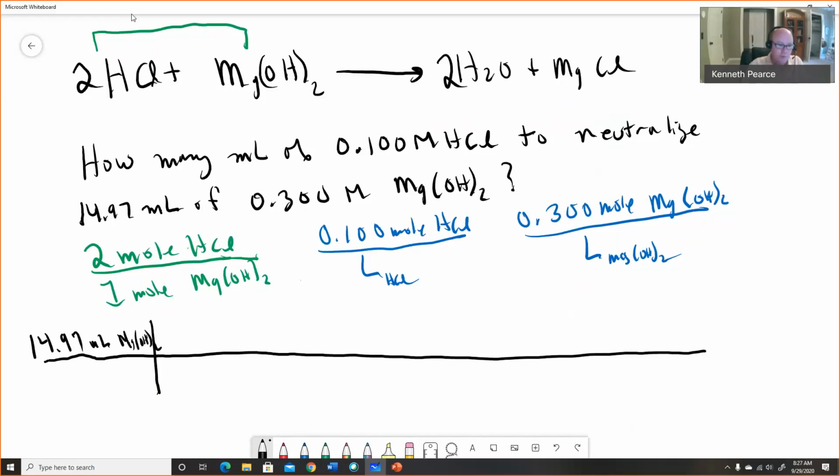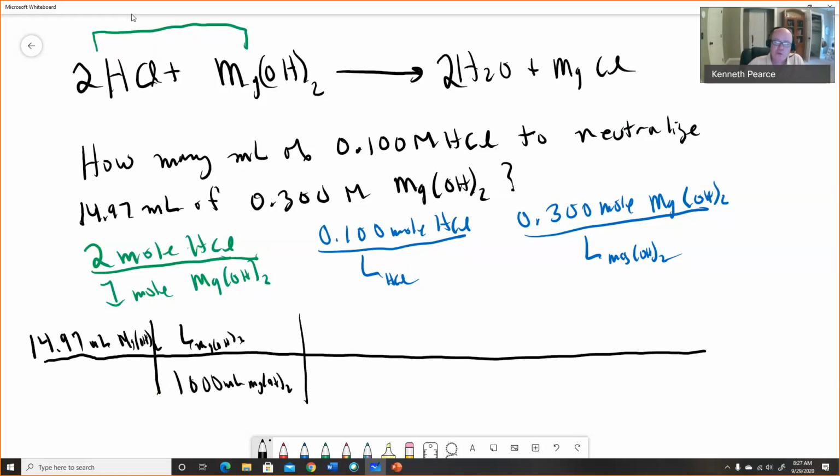And of course, we're going to have to convert that to liters. So we say liters of magnesium hydroxide solution is 1,000 milliliters of the magnesium hydroxide solution. And that'll get us in liters. We could have done that ahead of time, but let's go ahead and put this in here so we're converting to liters.